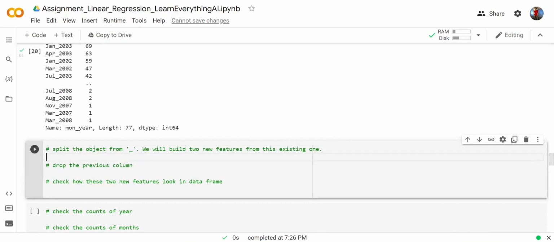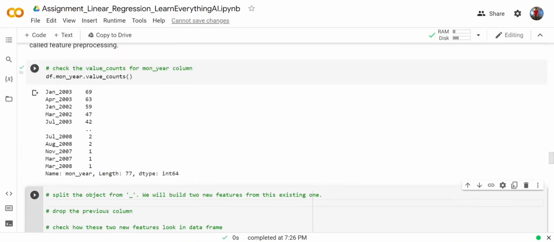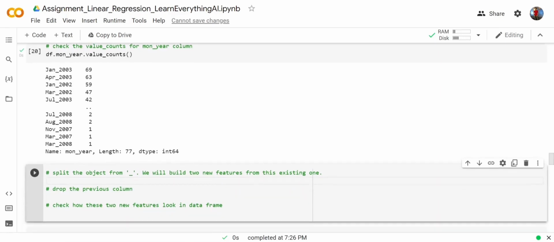Now we are trying to split this object by the underscore that is there. So to make this into one variable or one record, it is January underscore 2003, and it is not exactly fitting for our model. So we'll just try to split this, and we will build two new features from this existing one.